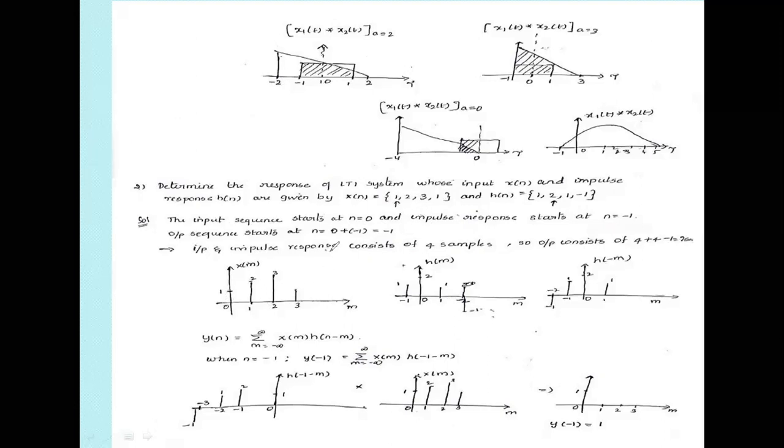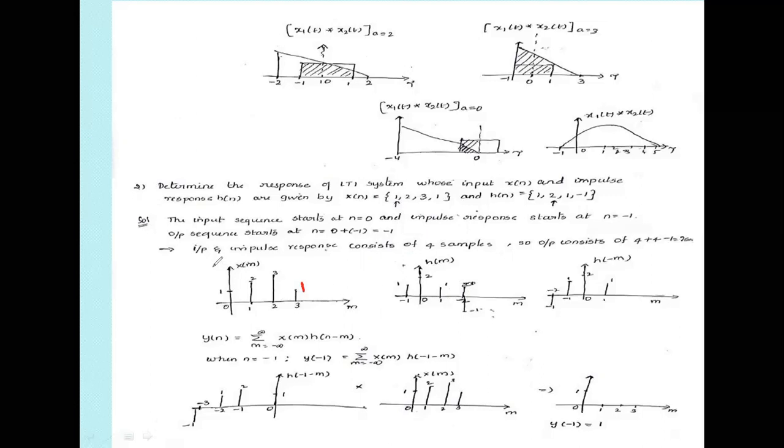At n equal to 1, the value is 2. At n equal to 2, the value is 3. And at n equal to 3, the value is 1. And h is also given. The arrow mark at 2 means the value is minus 1, the value is 1. At 0, the value is 2. At 1, the value is 1. And at 2, the value is minus 1.